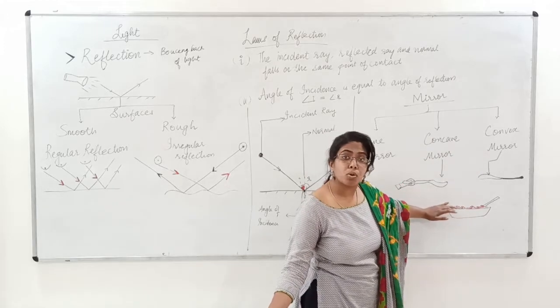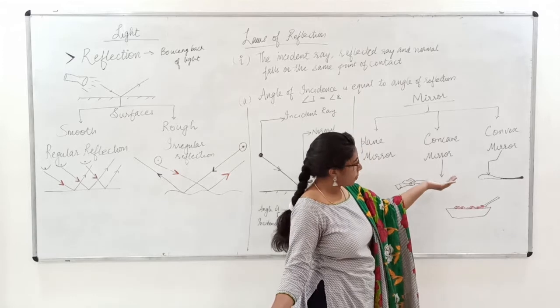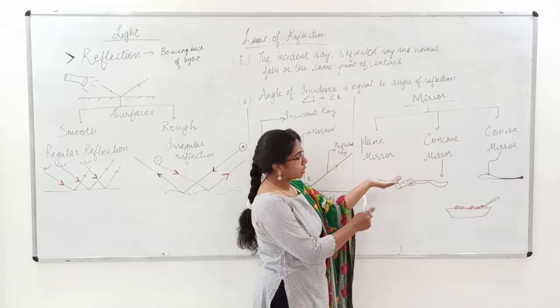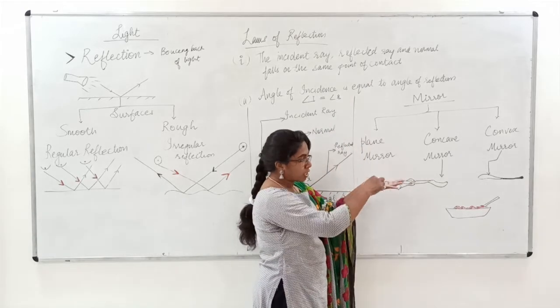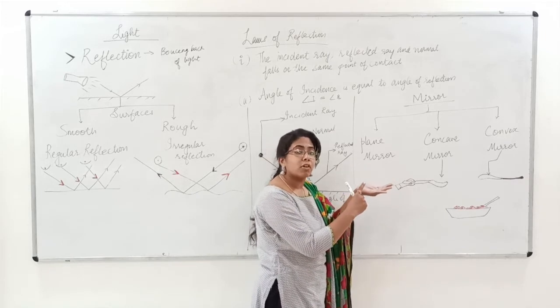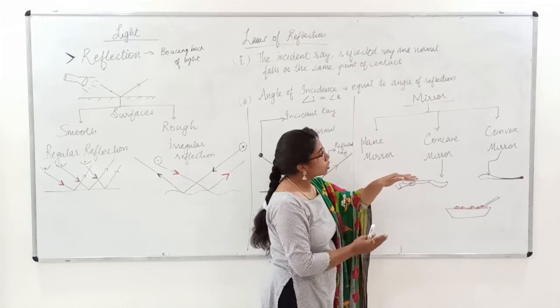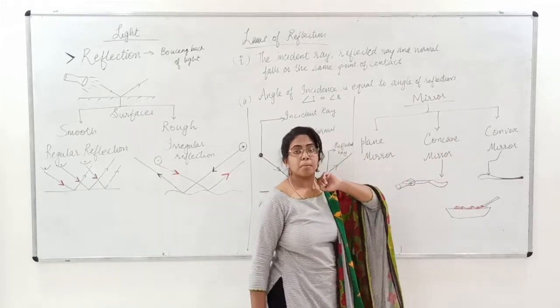This you can try at your own house. If you keep the spoon in this form, the region or the shape which is formed, we call this a concave mirror. And if you just twist it down, then what will happen? This will be called a convex mirror.